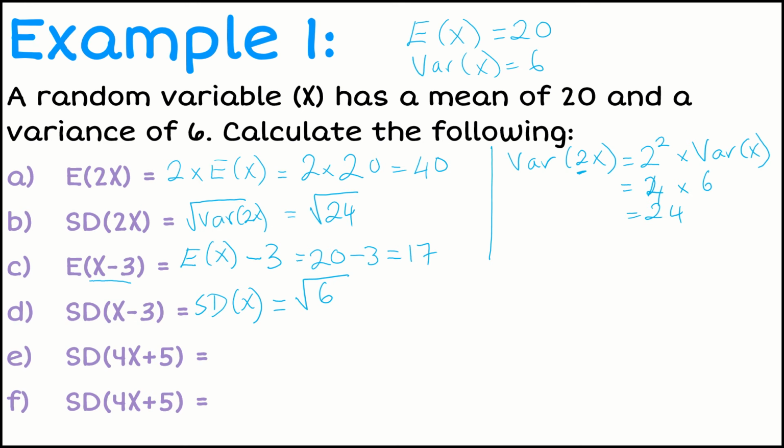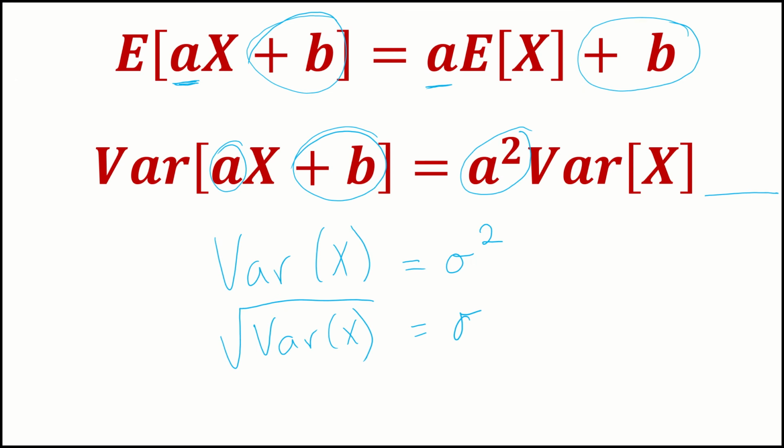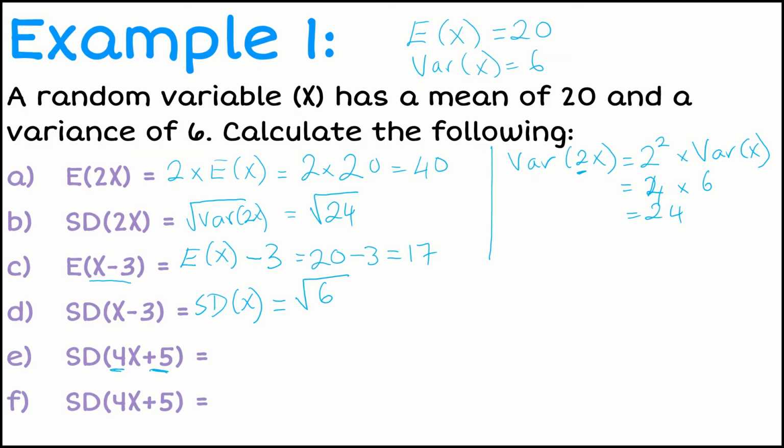Okay, the next one is putting both of these types of combinations together. We've got a multiple of 4 and we're adding 5. For the expected value, I need to multiply by whatever that value in front is, and I need to add or subtract the constant amount that's being added or subtracted. Here I'm multiplying by 4, so I'm going to say, that question there, by the way, should say expected value of 4x plus 5.